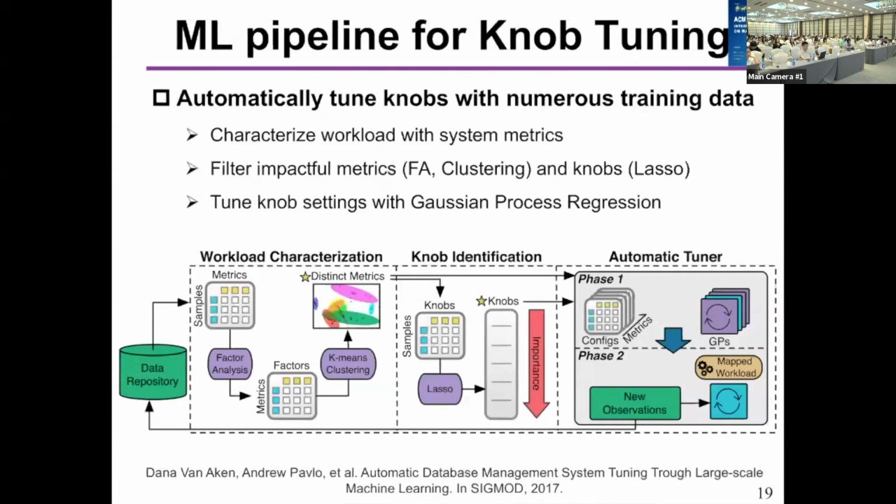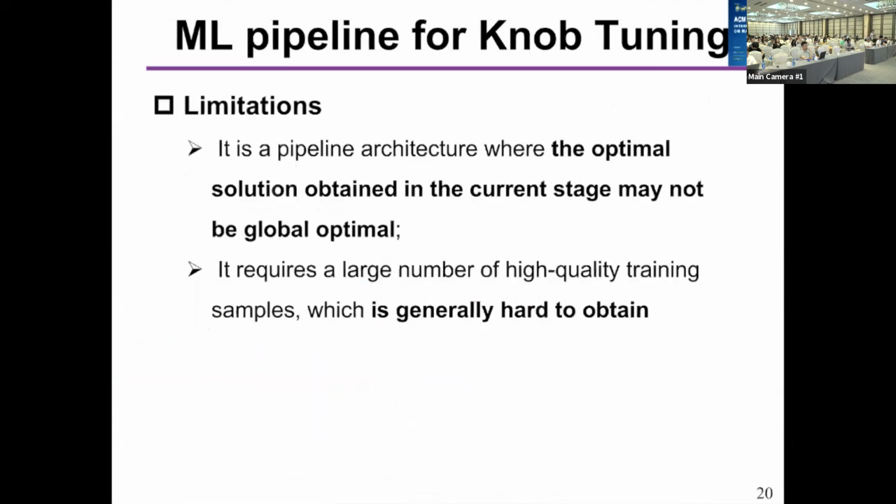The second method is the machine learning pipeline. They first categorize the workloads and identify the most important knobs that may affect the performance, and then tune the knobs based on some machine learning techniques, for example, Gaussian process regression. So this is a pipeline-based method, and it also needs to use some training data.